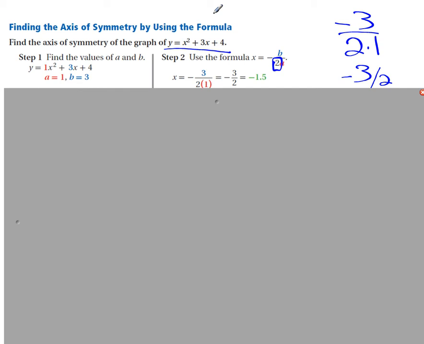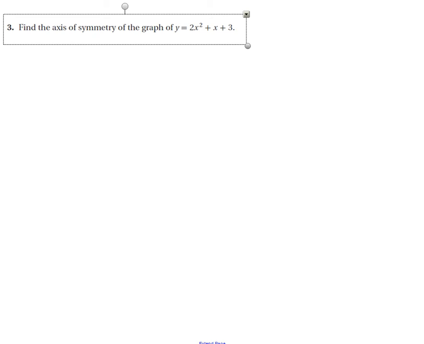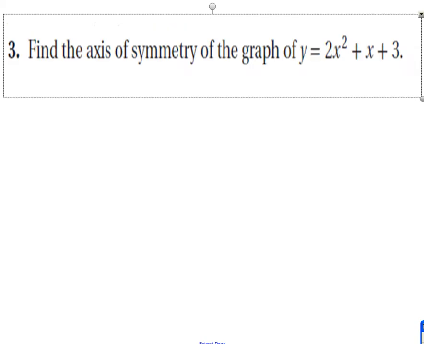So that's why we need this little formula, because checking the graph won't always work so well, because you might not always have zeros. You could use the box, but sometimes factoring's not the fastest way to do stuff.